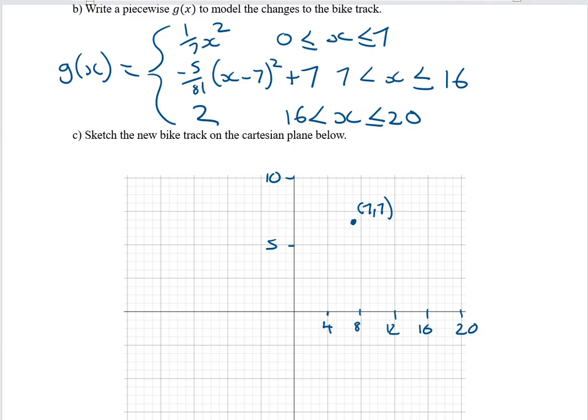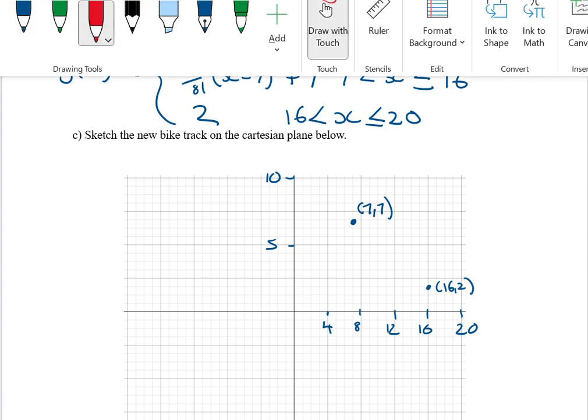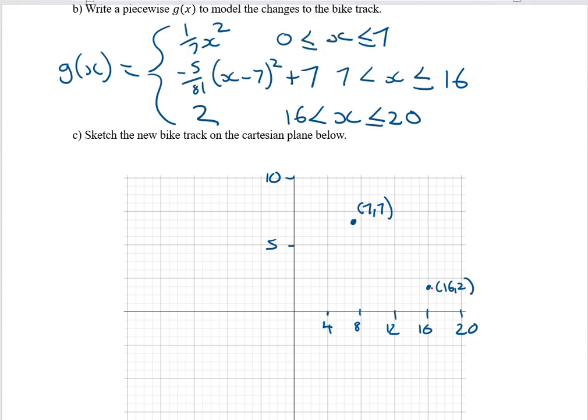The second point that I need to look at is at 16 when x is 2. So I'm just going to draw in my first graph, which is the easiest, which is just the 2. So from here to here, also make sure you put your endpoint as well of 20 and 2.